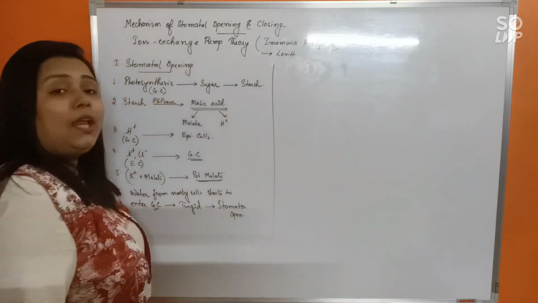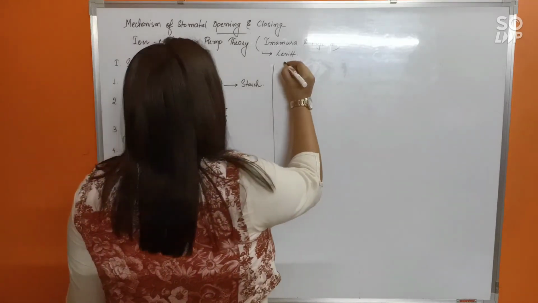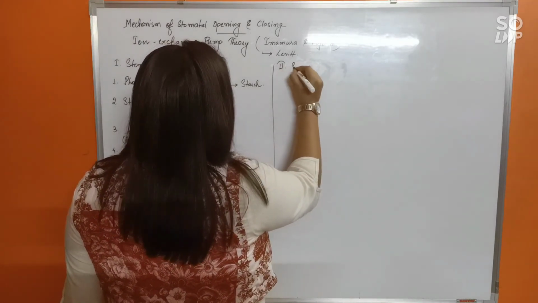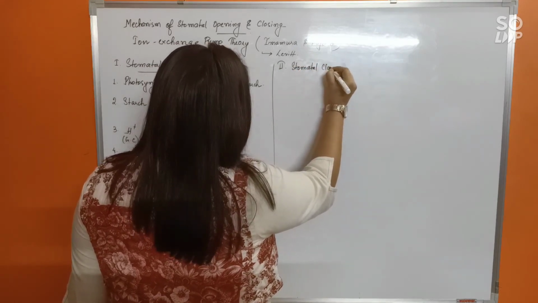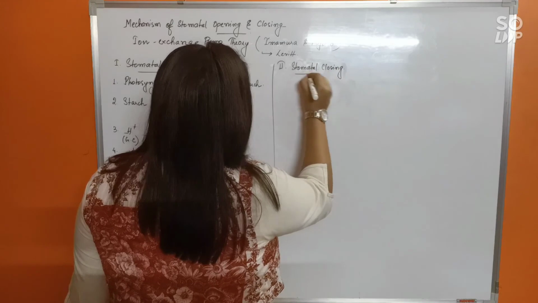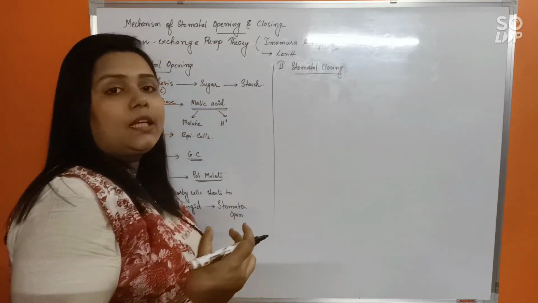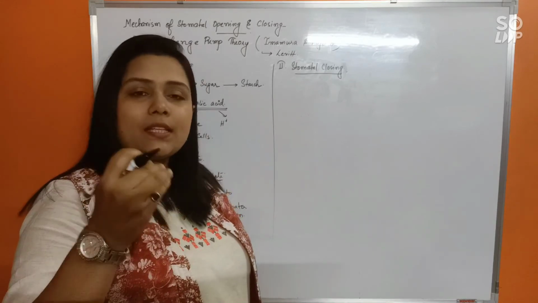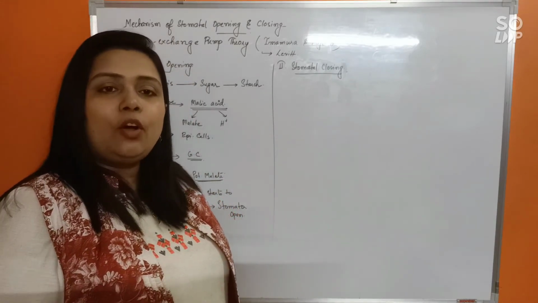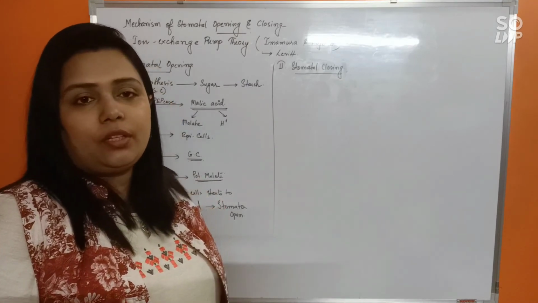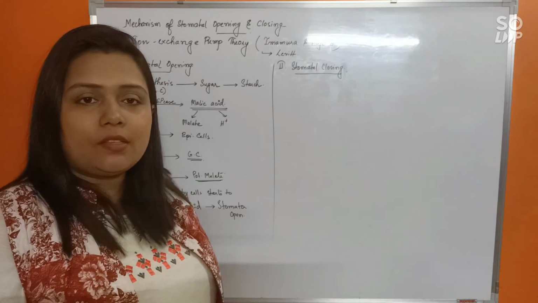Now, what will happen at night that the stomata will close? So, stomatal closing. See, at night, the carbon dioxide would start entering inside the stomata as usual. But because sunlight is no more there, that carbon dioxide won't be taken up for photosynthesis, right?